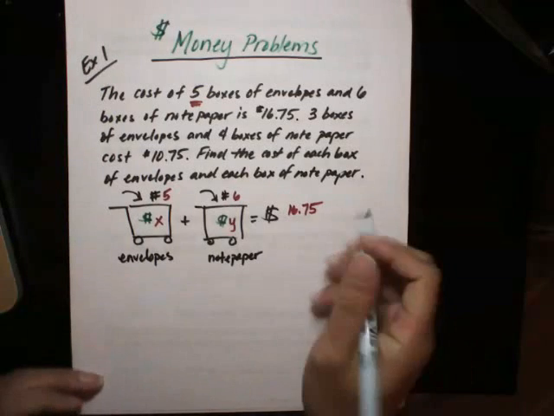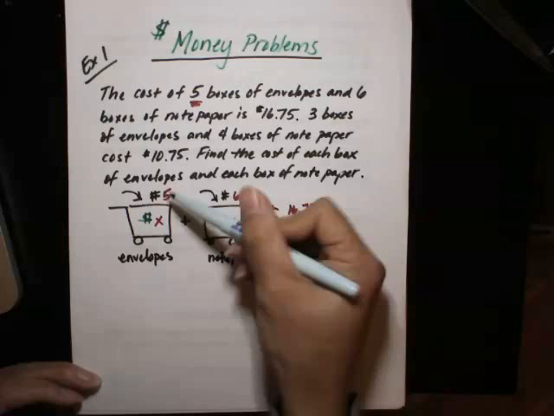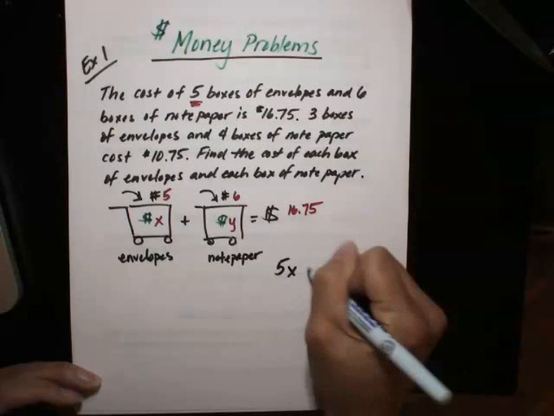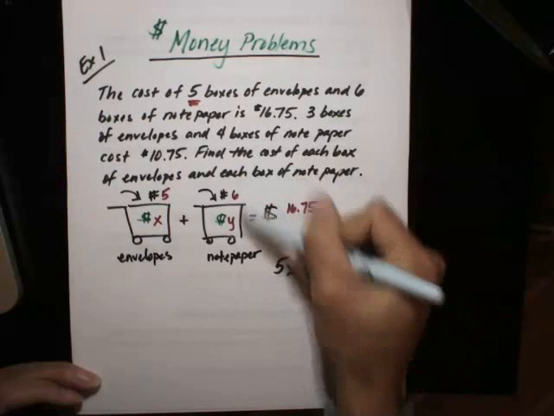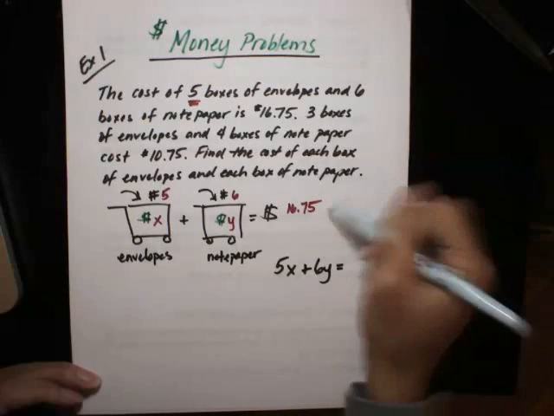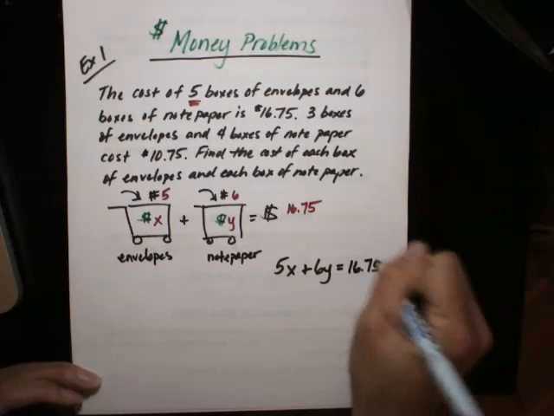My very first equation, and I'll write it down on the side, is going to be 5 times x, which is 5x, plus 6 times y, equal to what you would pay at the register, which is $16.75.